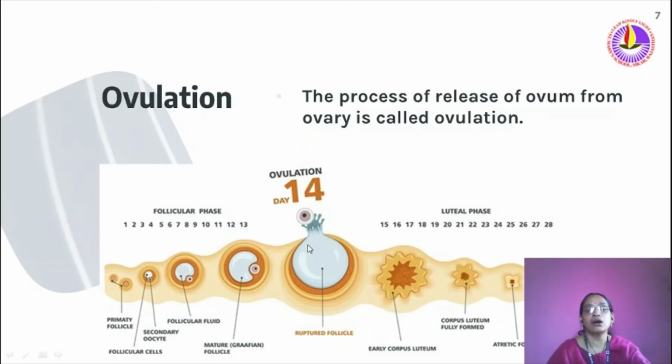Then the 14th day is the ovulation day, with the ruptured follicle. Then the luteal phase: early corpus luteum, fully formed corpus luteum, corpus albicans. So this is the full ovulation cycle timing, that means 28 days.